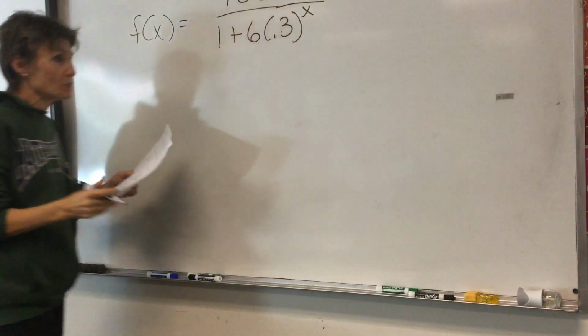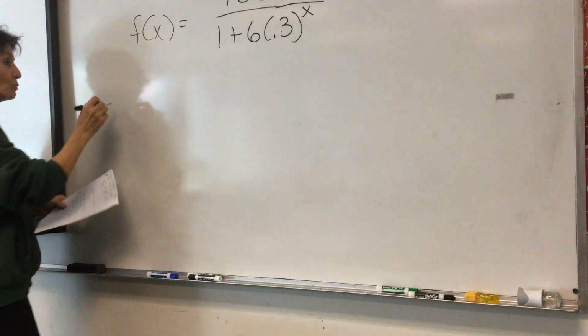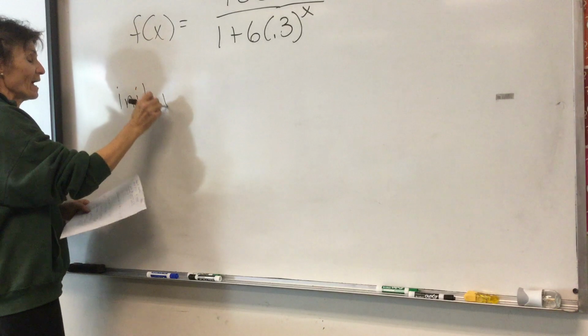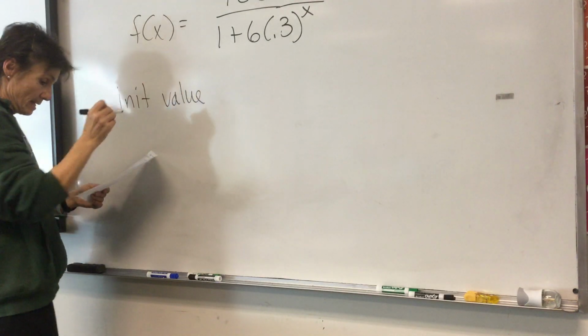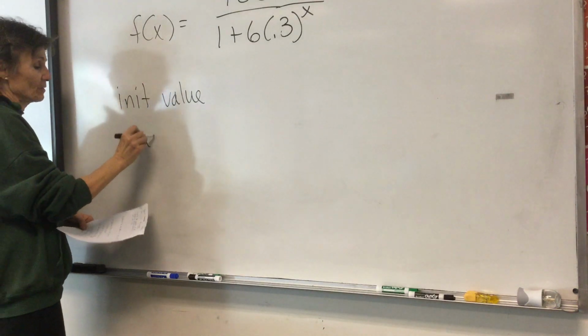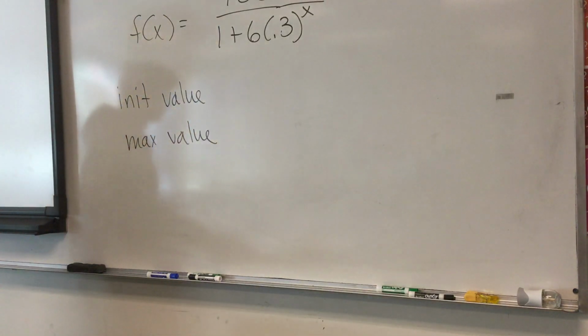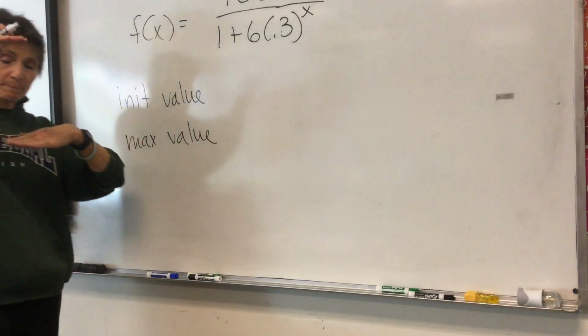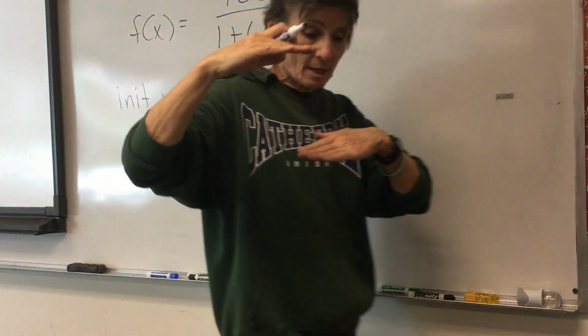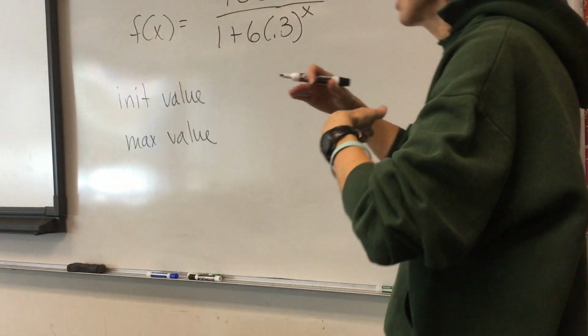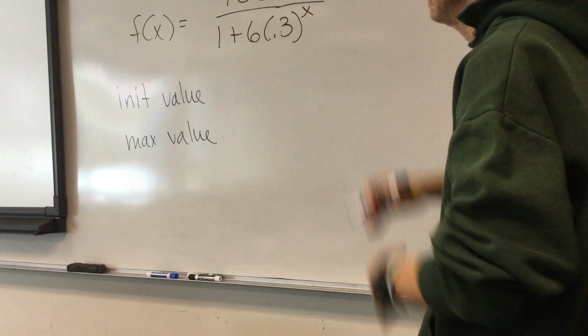Okay, that's a logistic function. And again, 2 questions. We want to know the initial value, and we want to know the maximum value. You know what logistic functions look like. They're trapped in between two asymptotes, horizontal asymptotes, so they have a highest point.